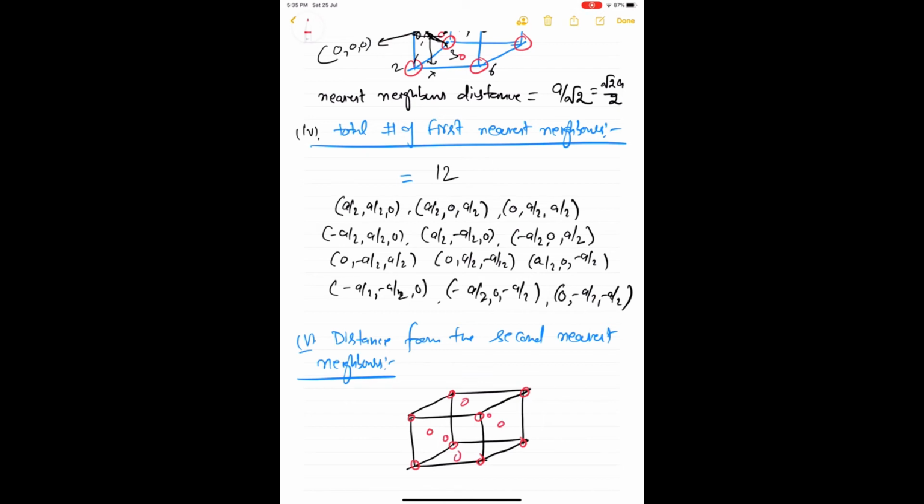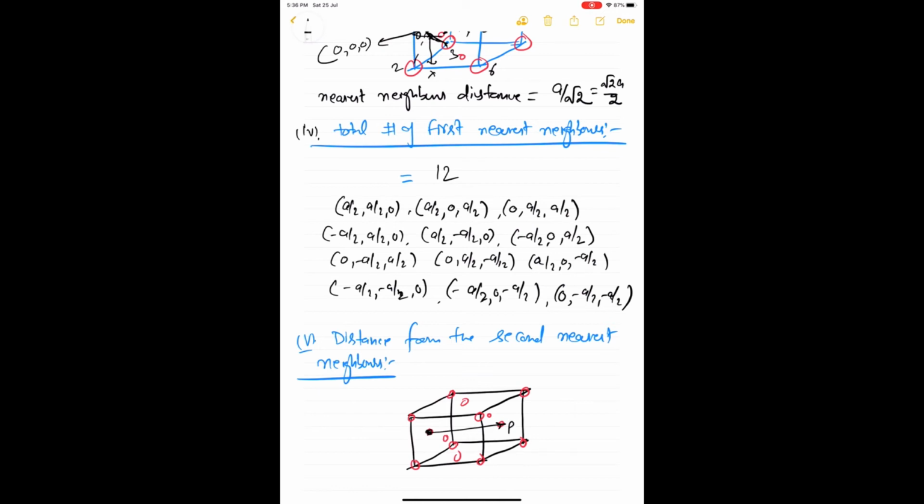The nearest neighbor we already found out. For the second nearest neighbor, this was our reference atom, again the same reference atom. The second nearest neighbor turns out to be this one, because the distance between these two atoms is a.